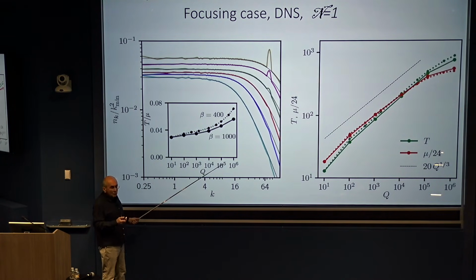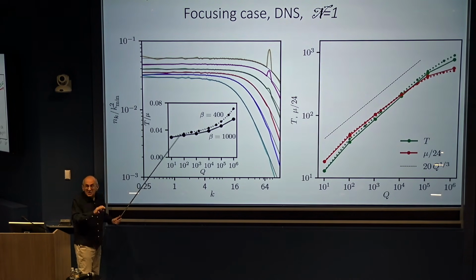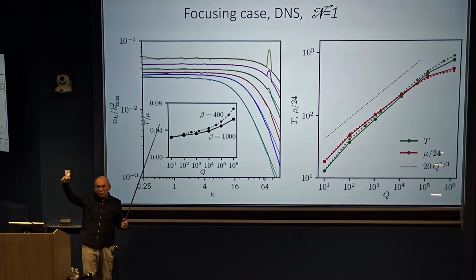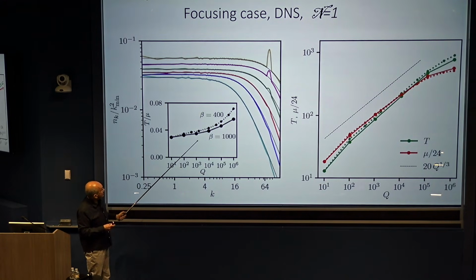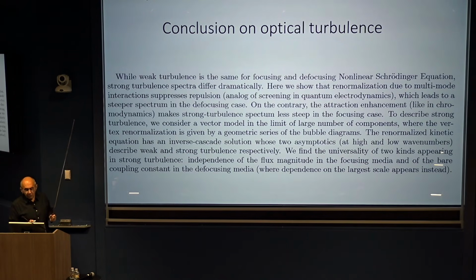No matter how strong you pump, everything goes into collapses. Your occupation number statistics is very, very non-trivial here. So if you really go to higher moments, they won't be described that easily. But occupation numbers through 5 orders of magnitude, this is direct numerical simulation, nonlinear Schrödinger focusing scalar case. So this is really something which looks reassuring.